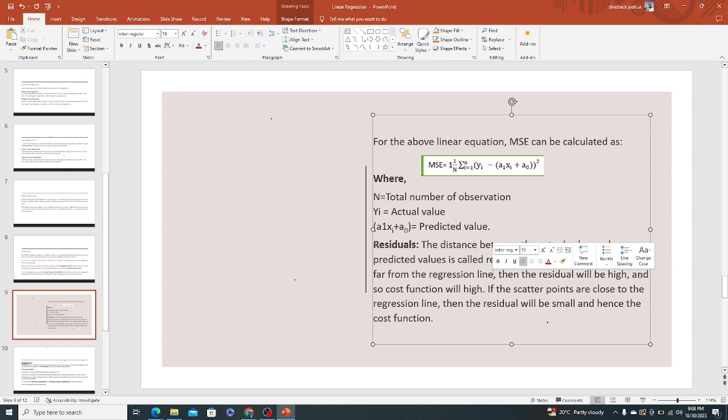So for us to optimize the cost function, we try to make our data almost lie within our regression line.